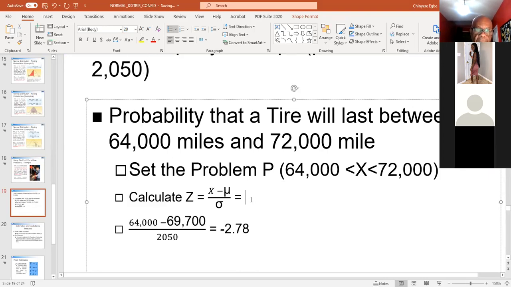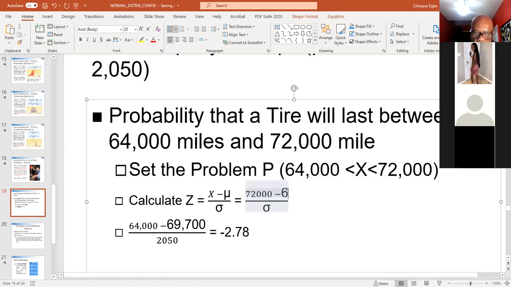Now the second one, we'll calculate 72,000 minus 69,700 over 2050. And so what do we get?